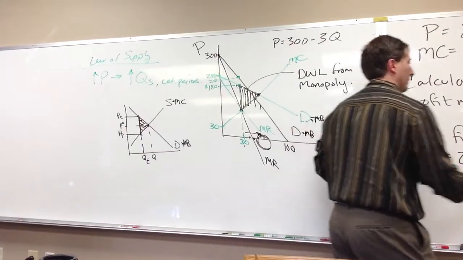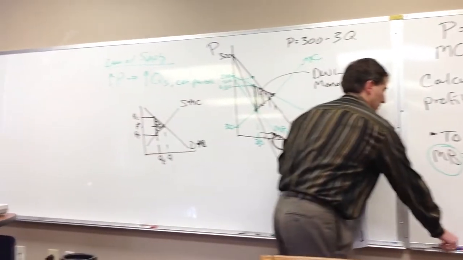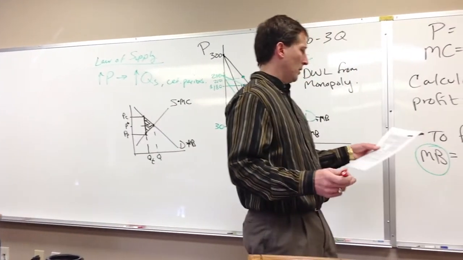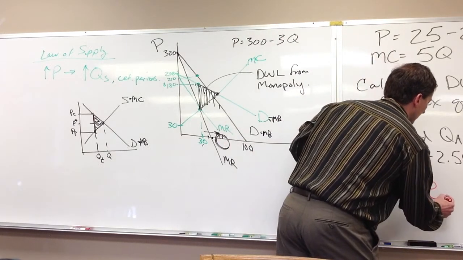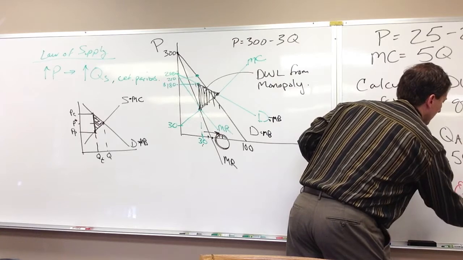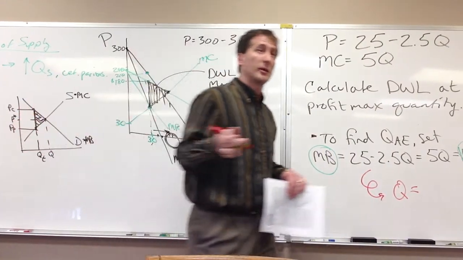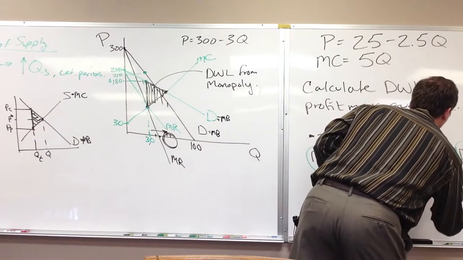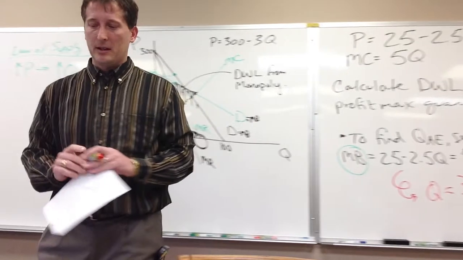We got marginal benefit equal to marginal cost. And so what does our quantity end up being? 3.33.